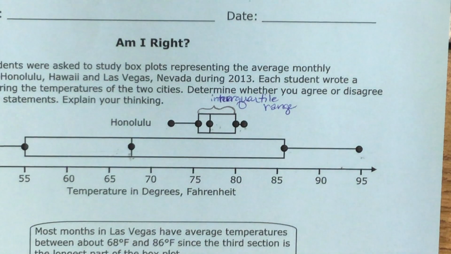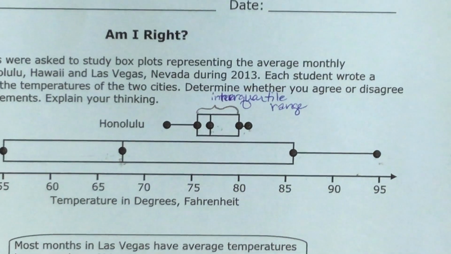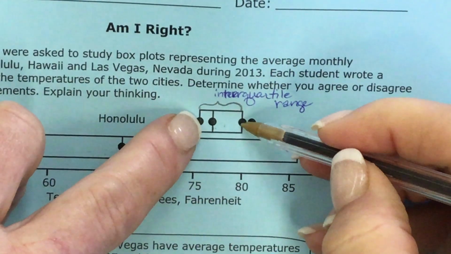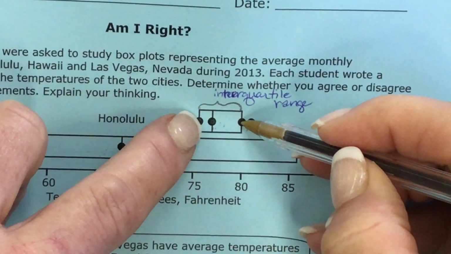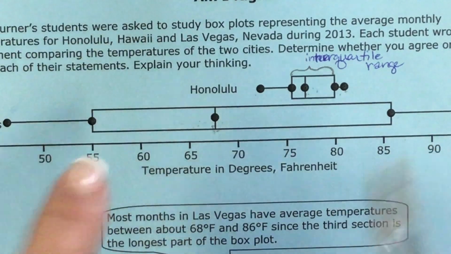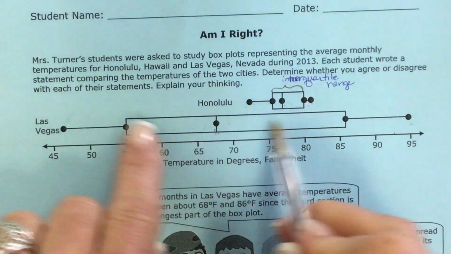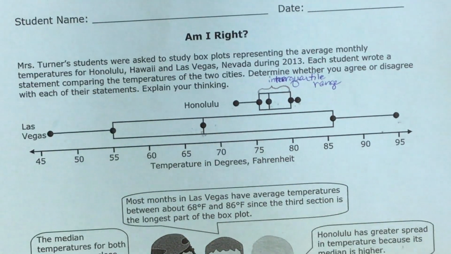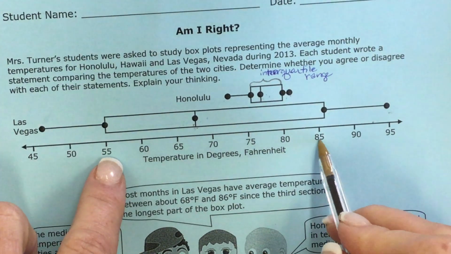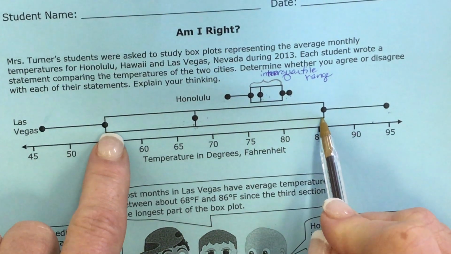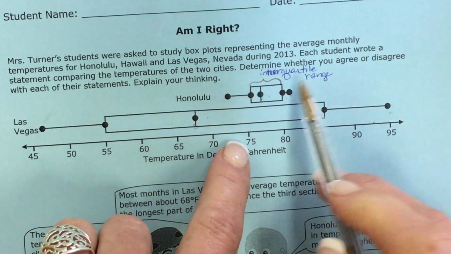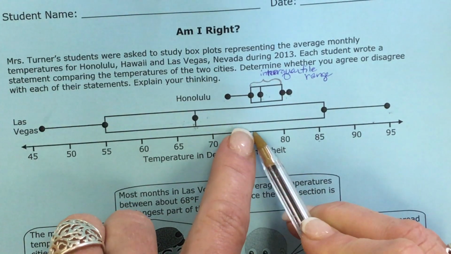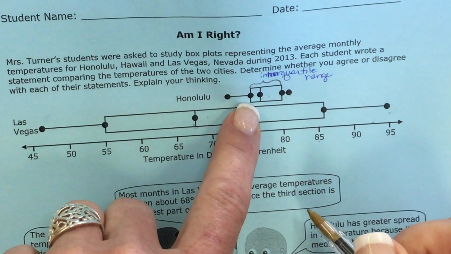Sorry, I'm trying to hurry because you guys are going to be back from specials in a little bit. So the interquartile range is 50% of your data, okay? And if you look at this one, the interquartile range is much greater. The spread is a lot greater because it's from 55 to 85. So my interquartile range is 30 here, whereas for Honolulu, from about 76, it's about 4, okay?